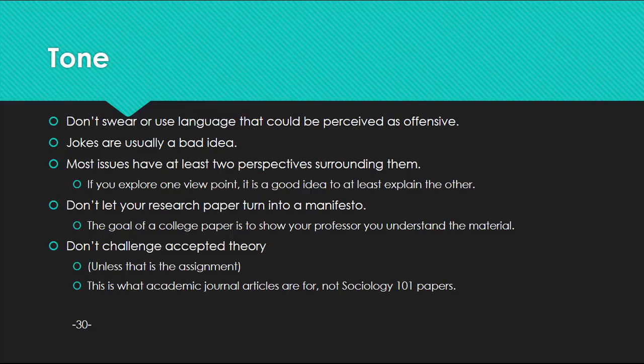Or find a theory that says what you want it to say. Don't say that the most respected sociological minds of the 20th century are idiots and this is why, right? It's not a great idea. It's not a good way to show the professor that you understand the material, right?